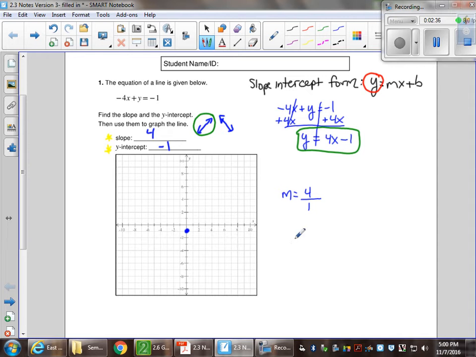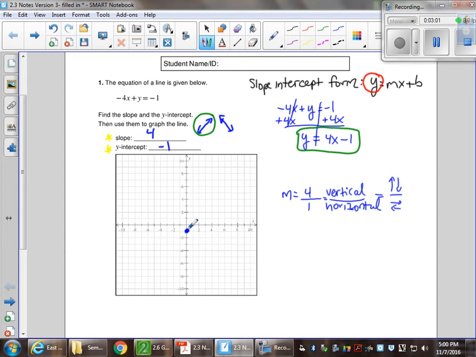If you said 1, you're correct. So this is my vertical change. This is my horizontal change. So I'm going to go either up or down 4, right or left 1. So all of these mean the same thing.